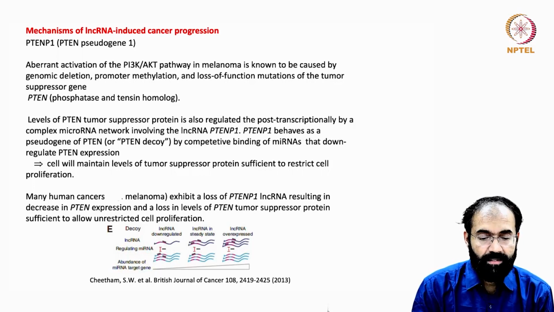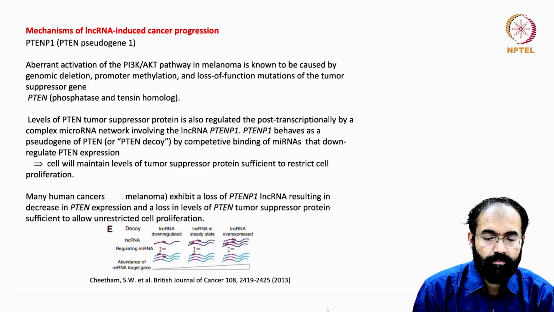So now let us see how it works. The long non-coding RNA is downregulated, and normally it should be at a steady state level, and the third situation is an overexpressed situation, where the long non-coding RNA is overexpressed.